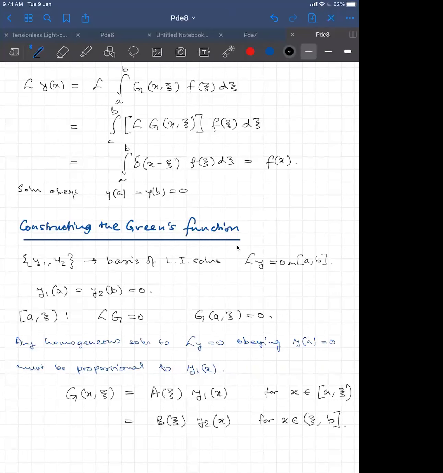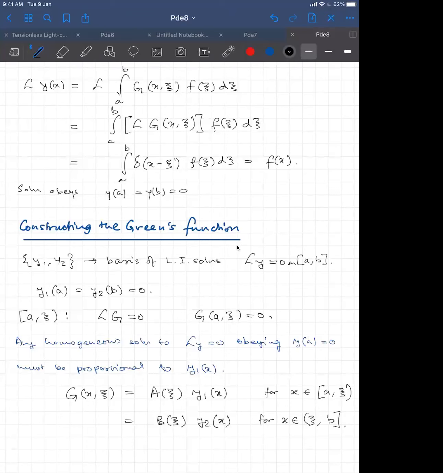So A of xi and B of xi can depend on xi, but they have to be independent of x. Okay. So this construction gives a family of Green's functions for x in the range a to b, but you have to exclude the point x equal to xi. This gives it in terms of A and B. And now we need to determine how to join these two at x equal to xi.